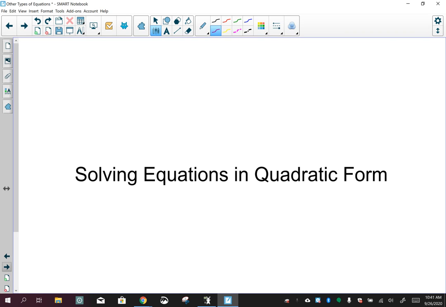Now, that was it for rationals. Now we're going to look at equations in quadratic form. This is not quadratic equations. These are equations that look like a quadratic equation.